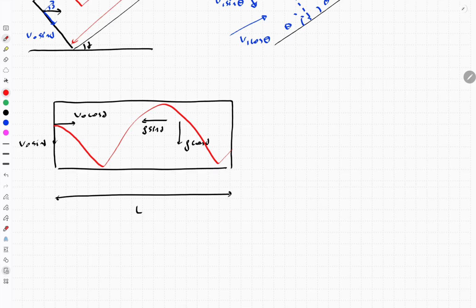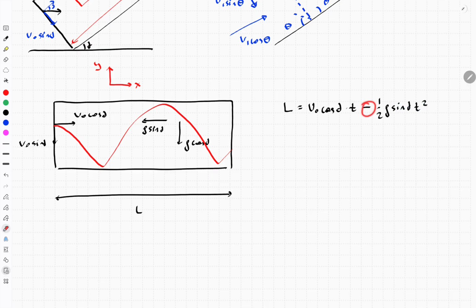Yes. So it's likely hitting the wall many times, and the number of collisions we don't know, but we just proved that this collision will not affect the velocity in the x direction. That's why we can write this equation: distance in x direction, so this is our x and y, equal to initial velocity in x direction, which is v0 cosine alpha times time, minus 1 over 2 g sine alpha t squared.